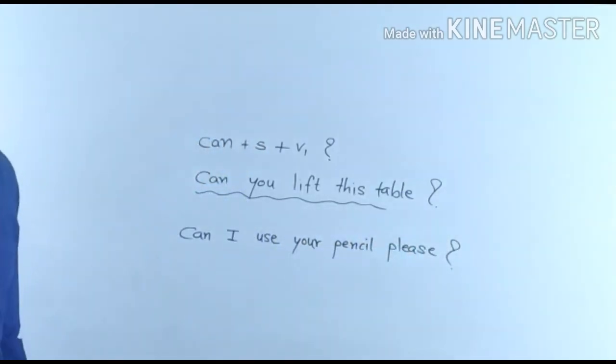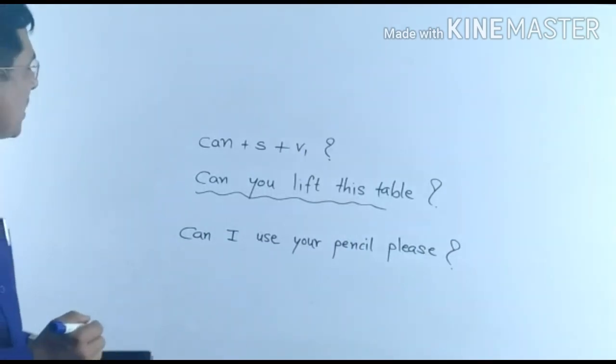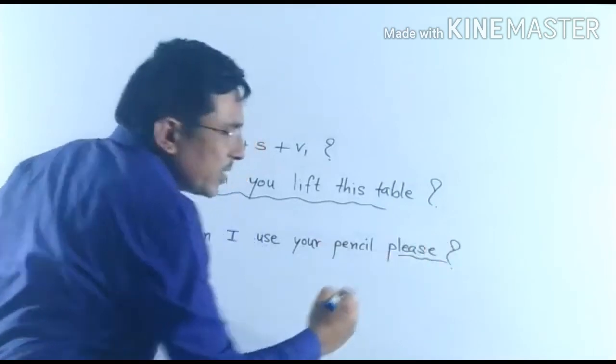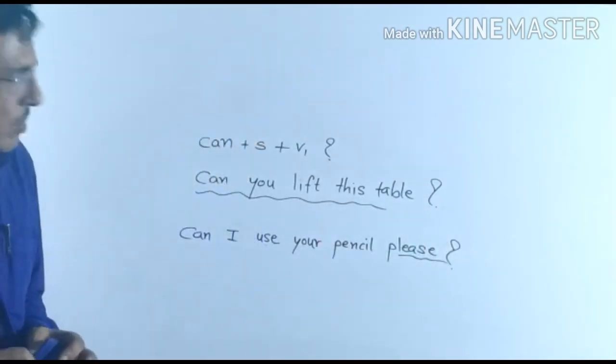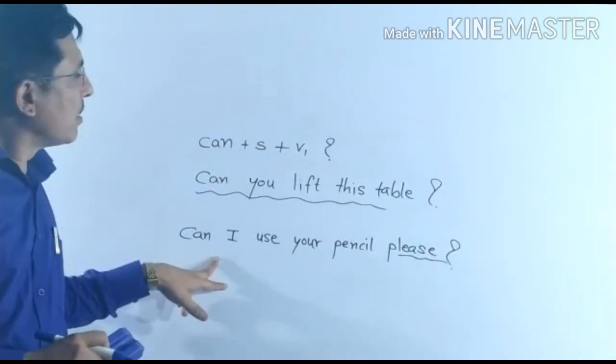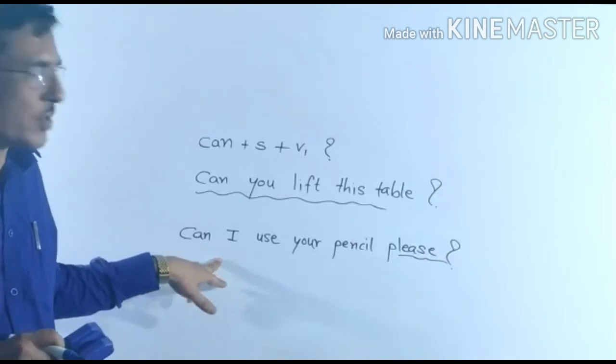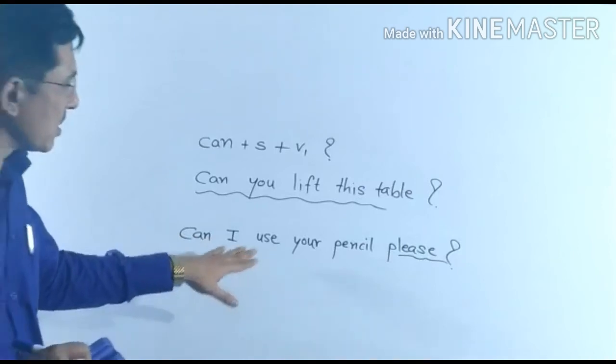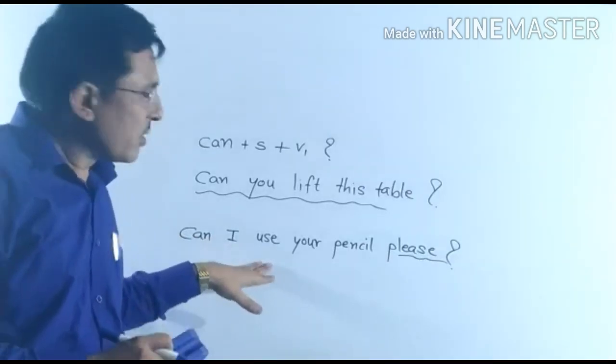See here, by adding please, we have made a sentence which is called permission. To take permission, we use such type of sentences.